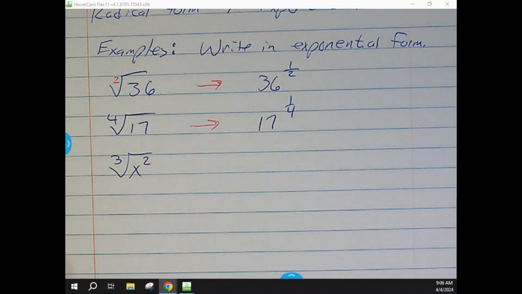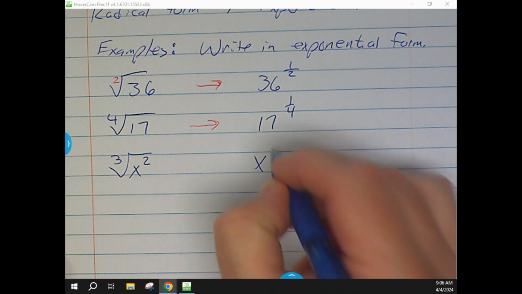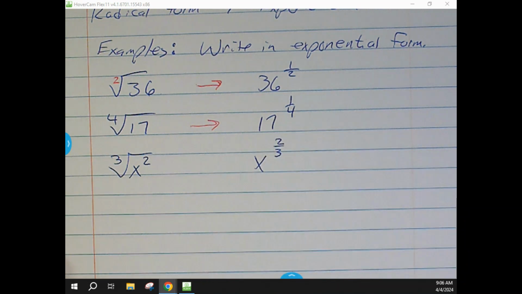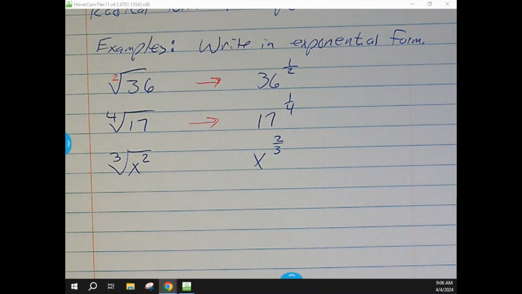Okay, and if it was the third root of x squared, x to the 2/3 power. All right, and again, we've already been doing that. This is where the textbook went a different route. The textbook had the whole route of grouping them together and doing stuff. It's like, okay, that's great, but let's just go ahead and do what we're going to do later because you're just going to do division with these problems.